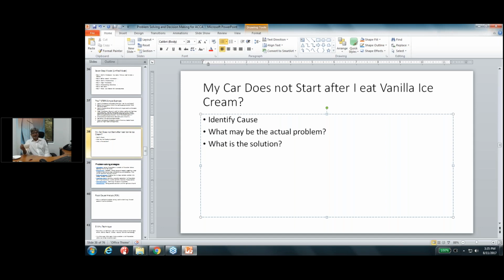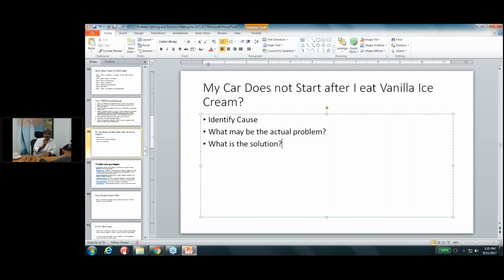Mr. Khurram, we have some responses. Mr. Ali Beg is saying the car driver must have spilled vanilla ice cream on his car keys with his hand. Okay, great. It doesn't happen just once. Whenever the customer eats vanilla ice cream, it always happens that the car doesn't start.